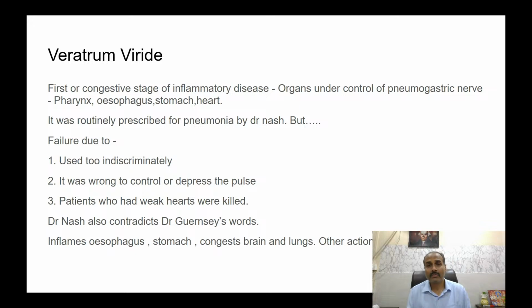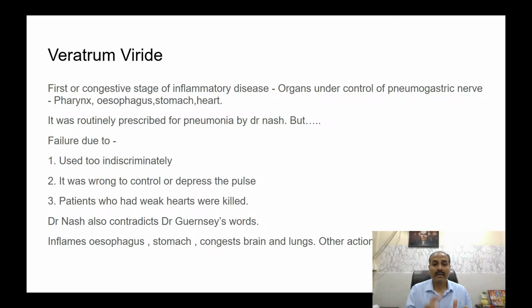Number one prejudice was for Veratrum viride that it was used very indiscriminately, far more used, or rather, we can say it was abused. Second was there was a theory which was developed that it is a remedy used to control or depress the pulse. This was a very wrong concept which the homeopaths at that time or in his area had adopted.